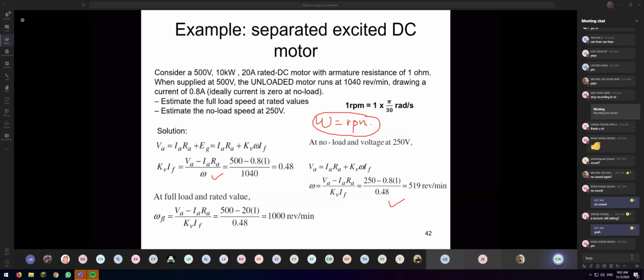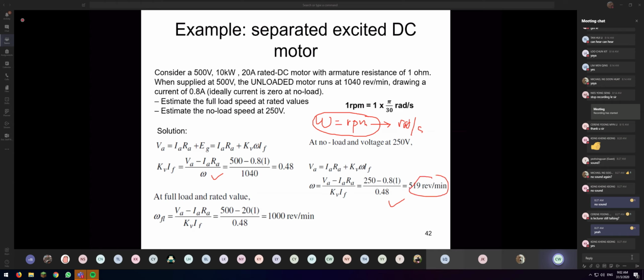But in the more standard way, you need to convert the RPM into radians per second. You can try this at home. For example, in this tutorial example, you replace the omega with radians per second, convert, and then calculate the value. At the end, you get the answer in terms of radians per second. If you convert back into RPM, you will get back the same answer.